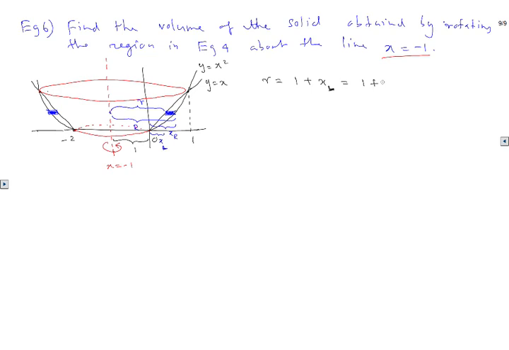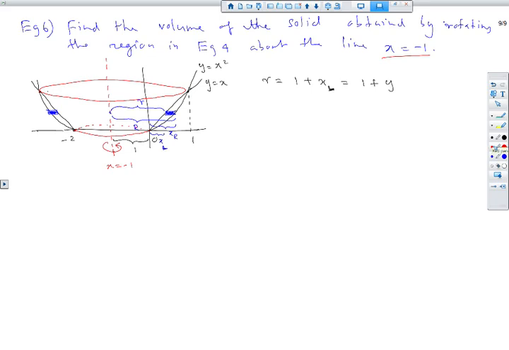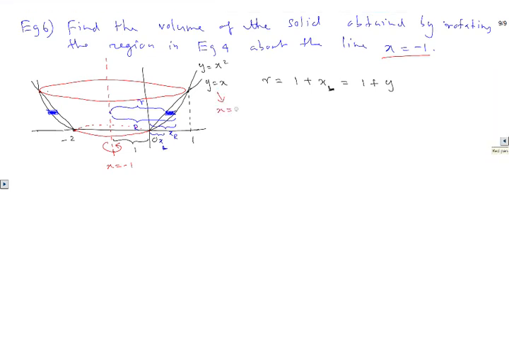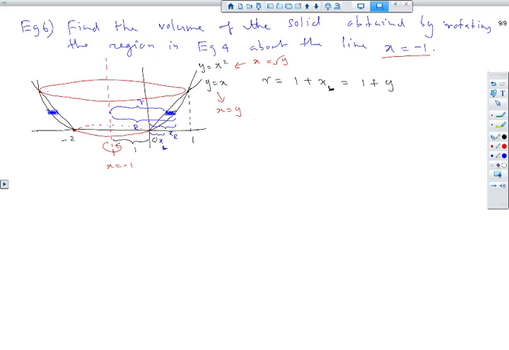That's the left curve, so xl is just the y coordinate because x equals y. Actually, I can write them. This one says x equal y, and this one says x equal square root y. Right? Good. So one is done.